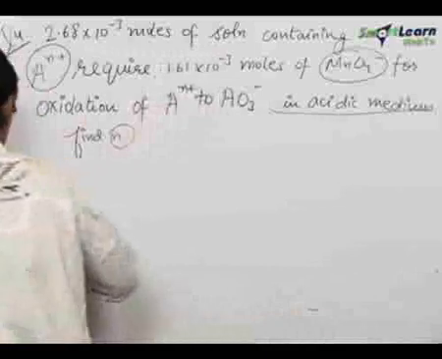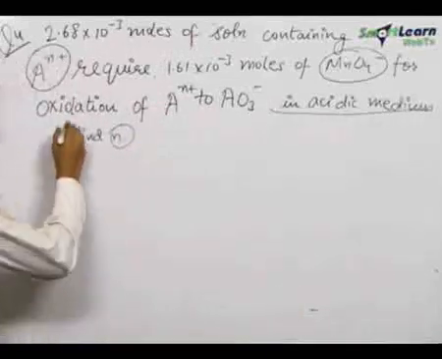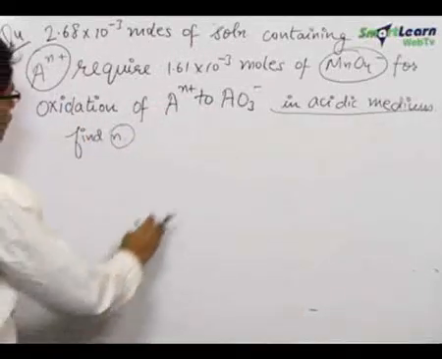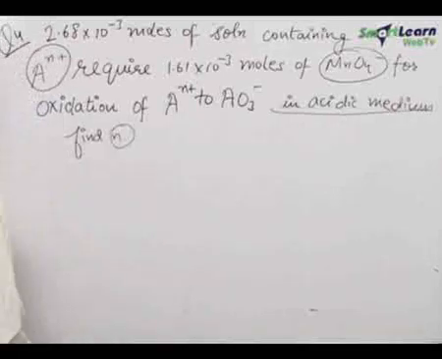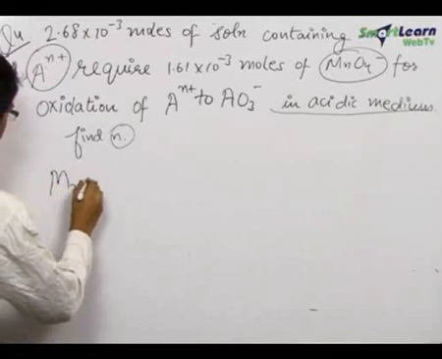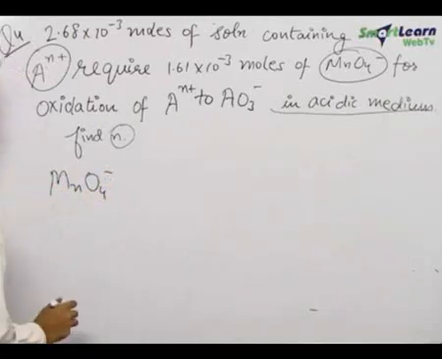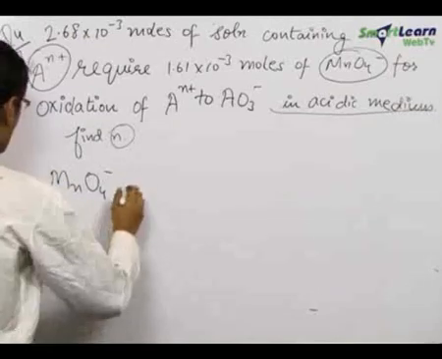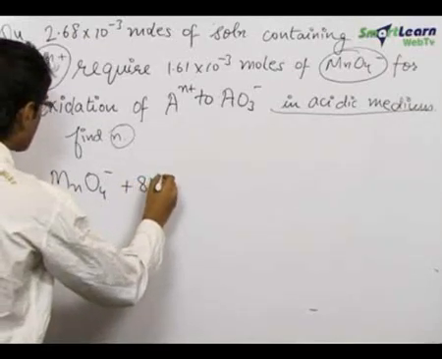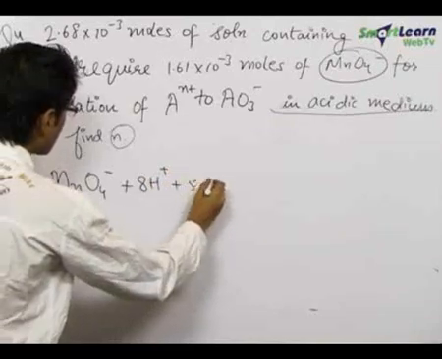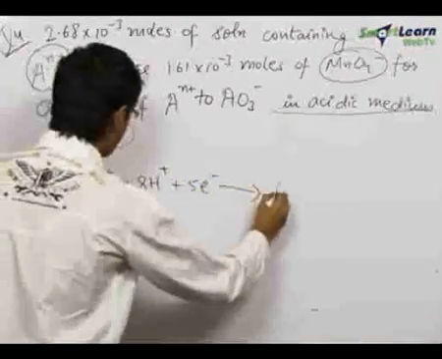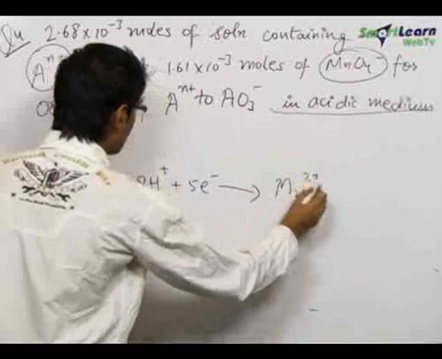Now this question is the most fundamental question of the equivalent concept. So we'll see what the equivalent concept is. First of all, we need to know that in acidic medium, MnO4^- or KMnO4 performs the following reaction: MnO4^- plus 8H^+ plus 5 electrons gives Mn^2+.